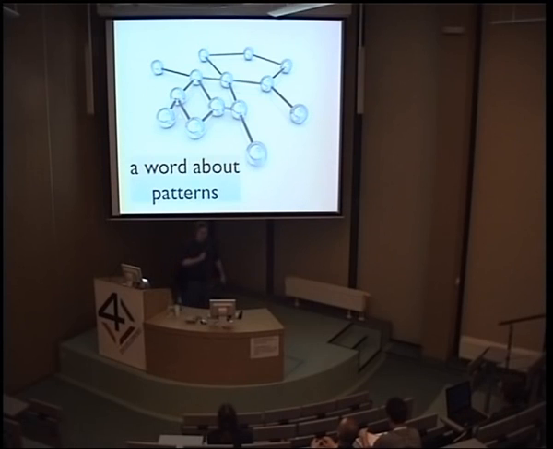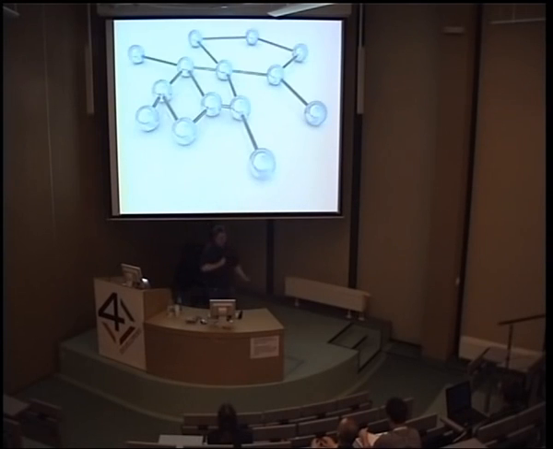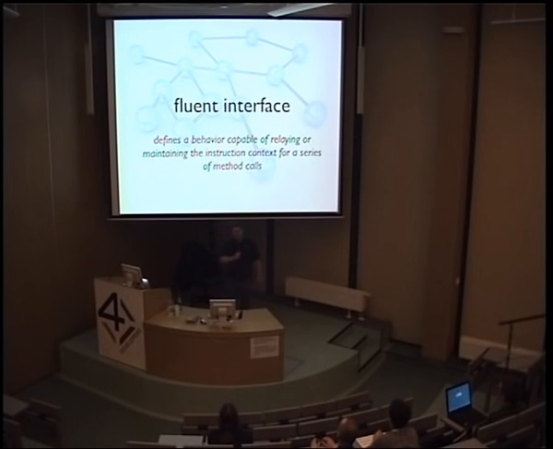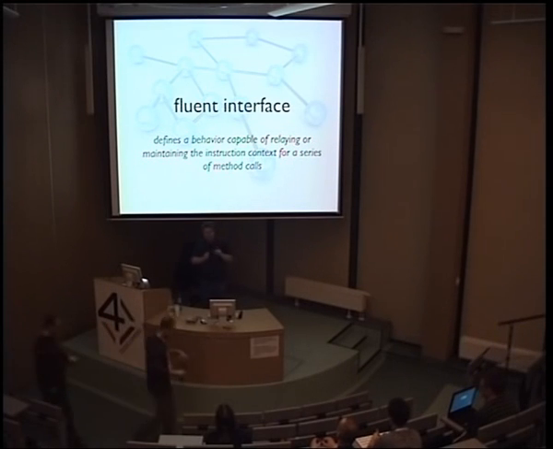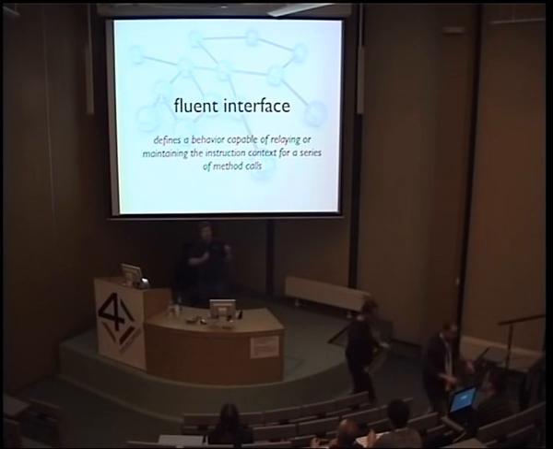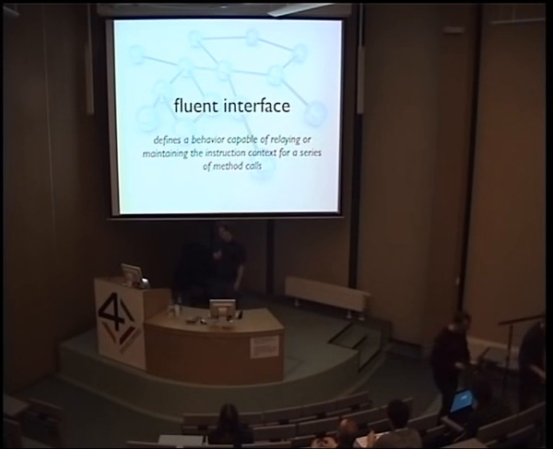And in fact, I'll start with a pattern. I have a couple of anti-patterns as well, but we'll start with a pattern called fluent interface. Fluent interface, the definition is defines a behavior capable of relaying or maintaining the instruction context for a series of method calls. A fluent interface is one that supplies context by some mechanism to make it more fluent than a regular library or API would be.